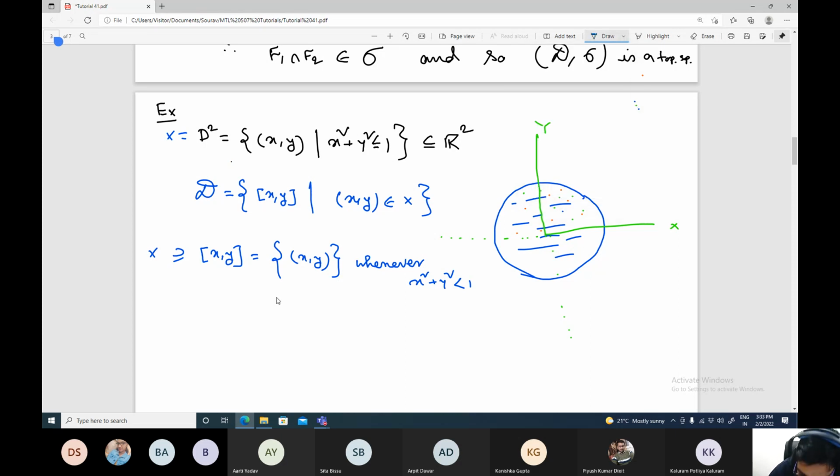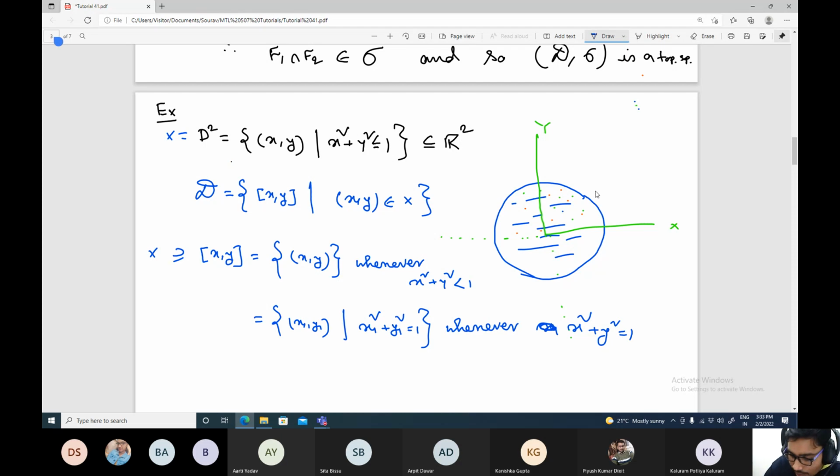On the other hand, we also take all elements x1 comma y1 such that x1 square plus y1 square equals 1, whenever x square plus y square equals 1.